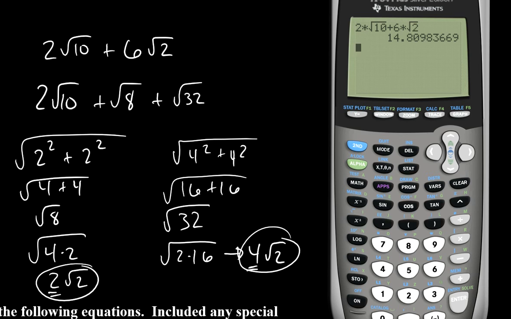So the perimeter is approximately 14.8. And I want to run this down below also. So I'm going to go 2 times the square root of 10. And then I want to add to that plus the square root of 8. And I want to add to that plus the square root of 32.